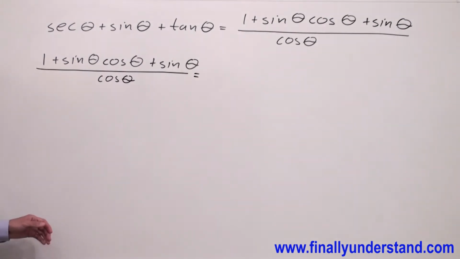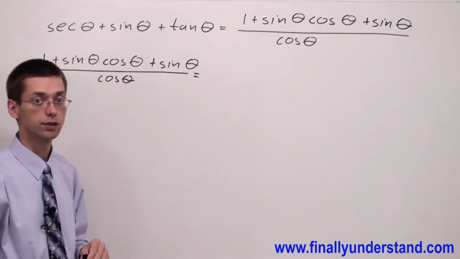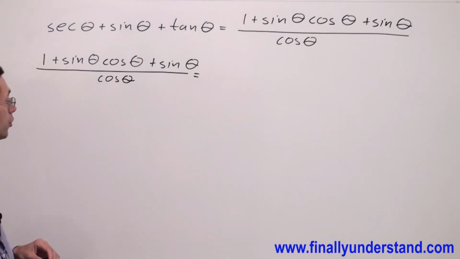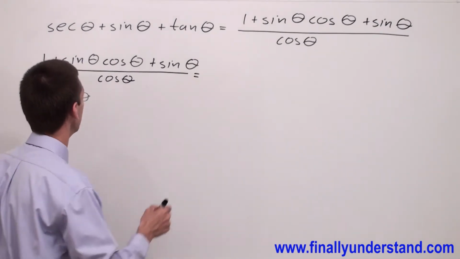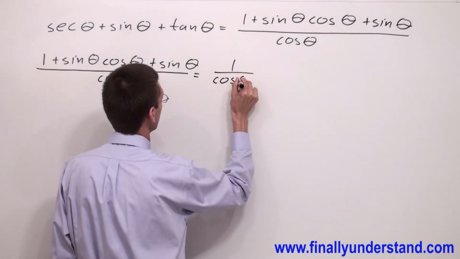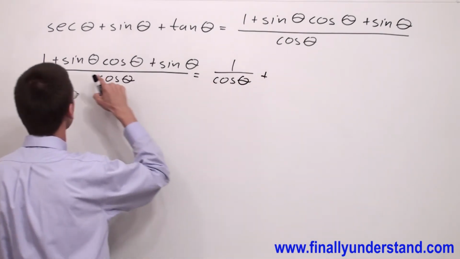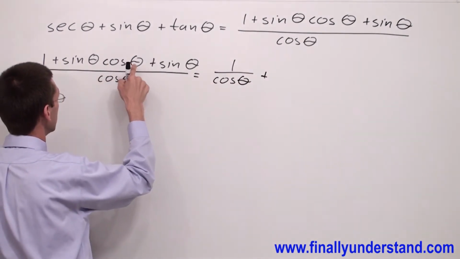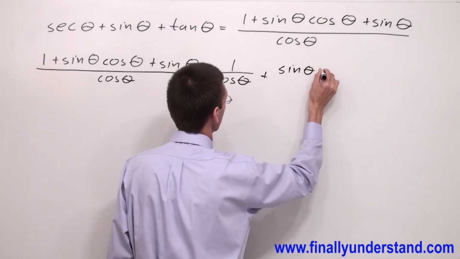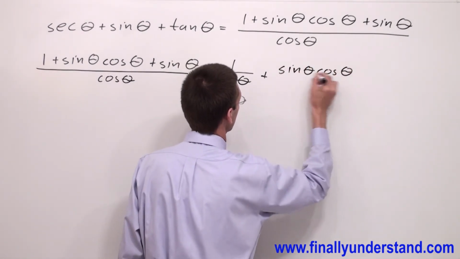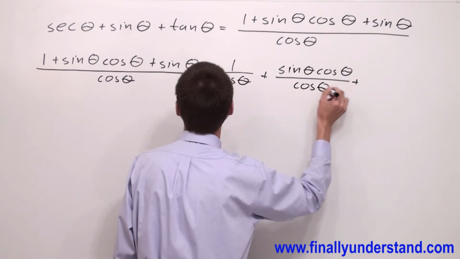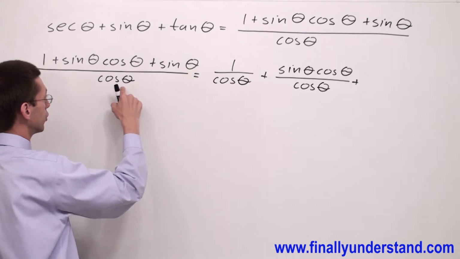Next, I'm going to rewrite this fraction as the sum of 3 separate fractions, as 1 over cosine theta plus sine theta times cosine theta over cosine theta plus sine theta over cosine theta.